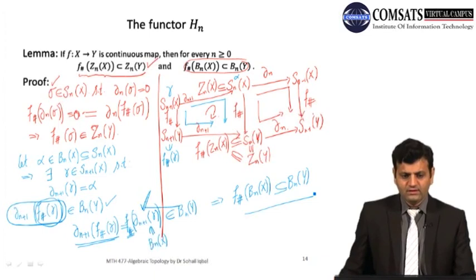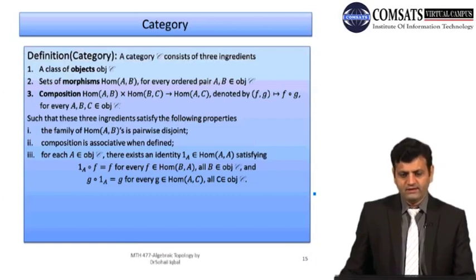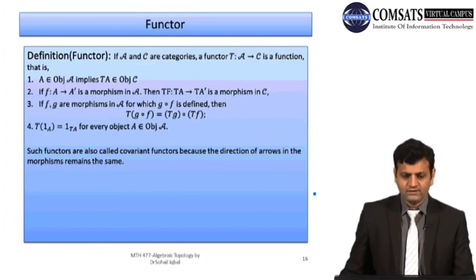Okay, so that's one step further in exploring the relation between the homology, given that there is a continuous map between two topological spaces. So let's explore further, and recall some things from category theory. What is a category? It has objects, it has morphisms, and there is a composition map satisfying certain properties. And what is a functor?